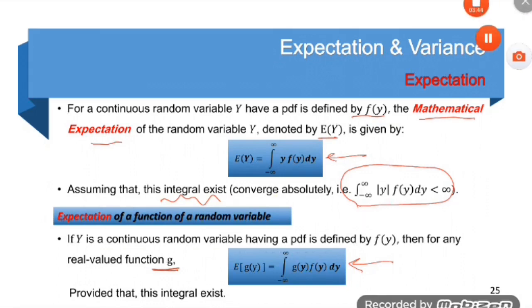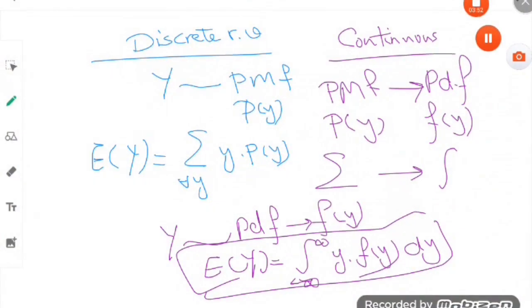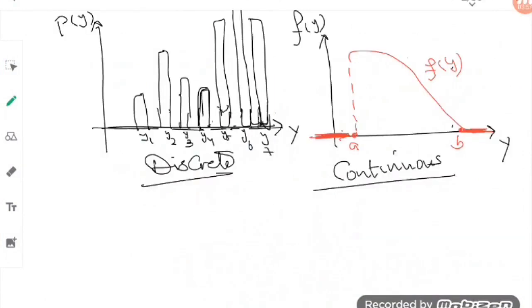Now let's try to give an interpretation of the expectation. To give an interpretation to the meaning of expectation, we'll start with the discrete random variable, just to remind you.